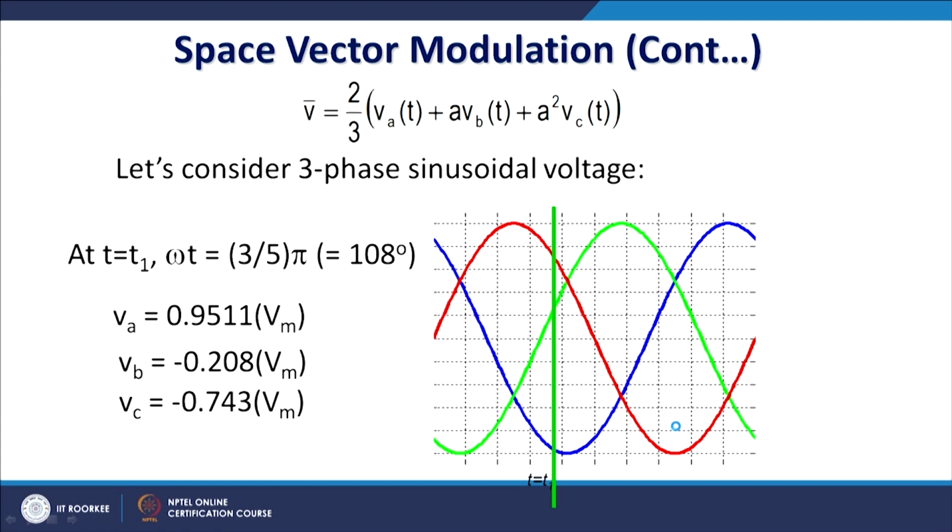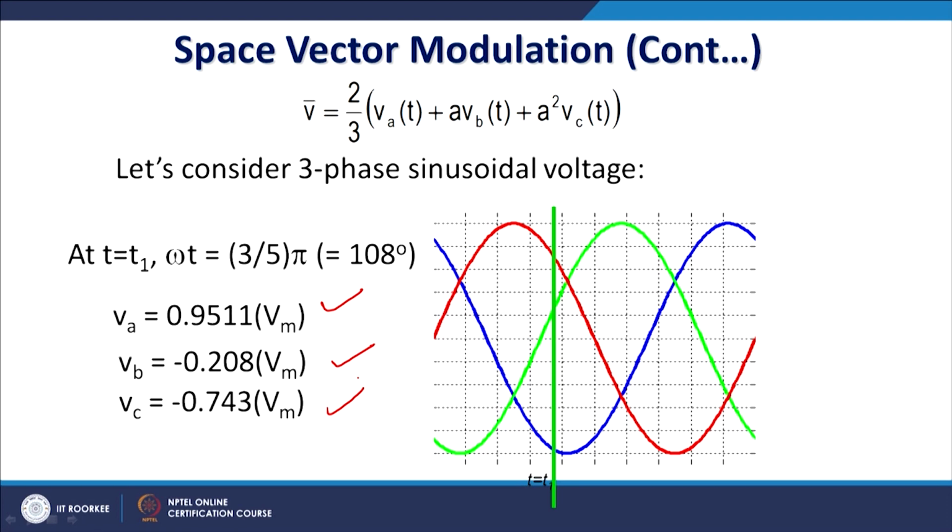Assume that at omega t equal to 108 degrees, what will be the values? For Va at that time it is 0.95, Vb equal to minus 0.208 and Vc equal to 0.78.